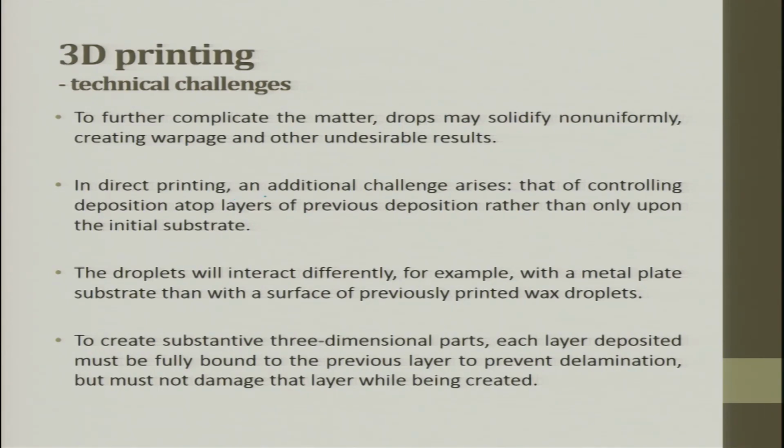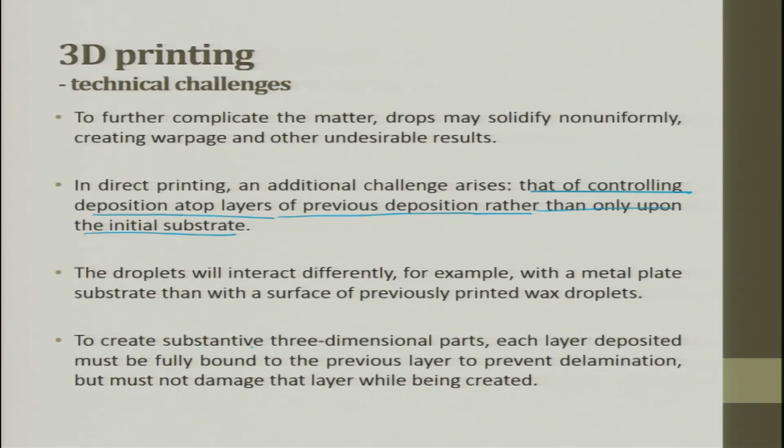In direct printing, an additional challenge arises in controlling deposition on top of a layer of previous deposition rather than only upon the initial substrate. The droplet will interact differently, for example, with a metal plate substrate than with the surface of a previously printed wax droplet.